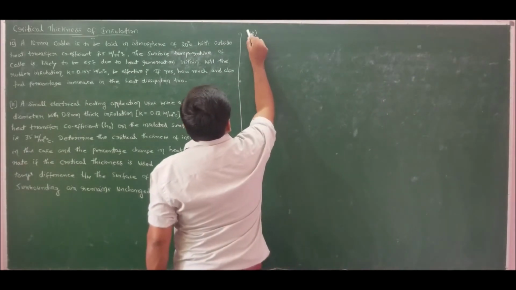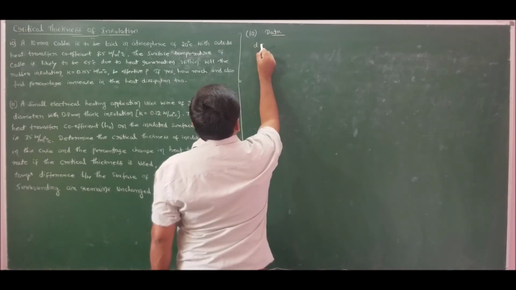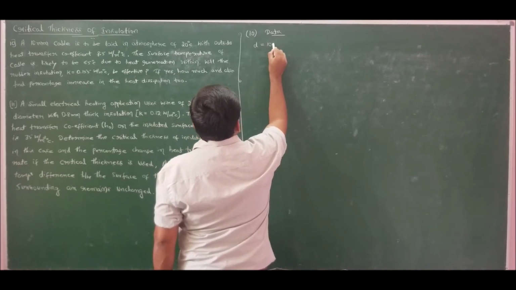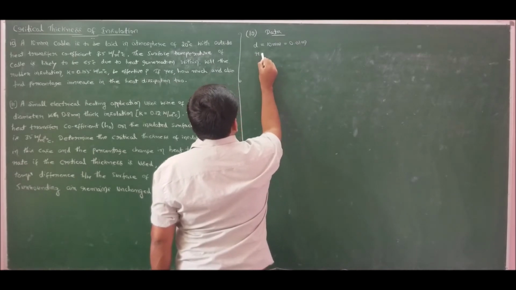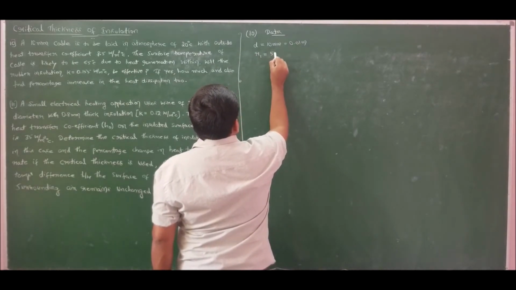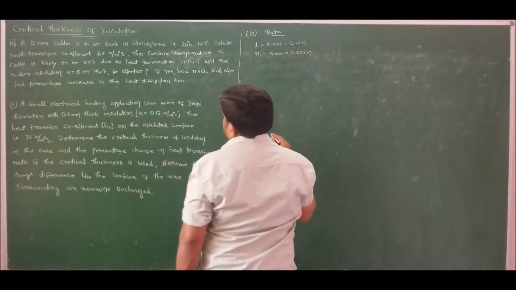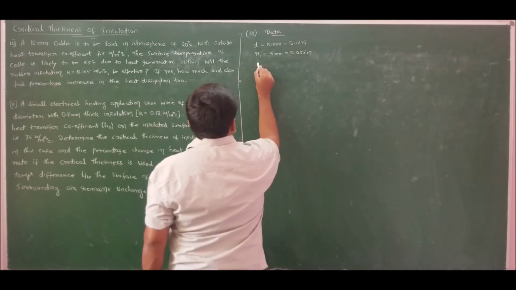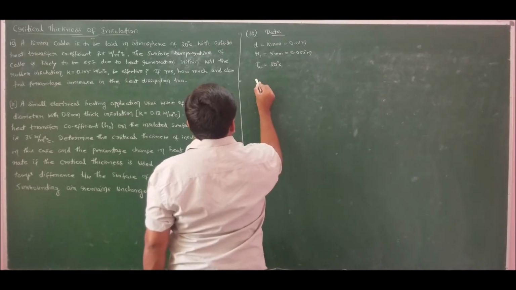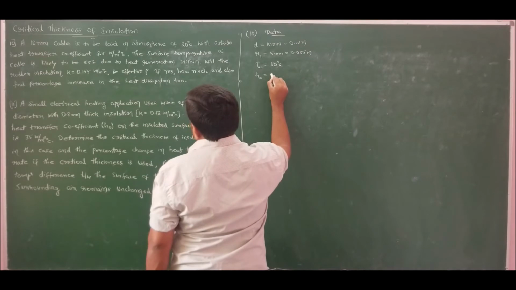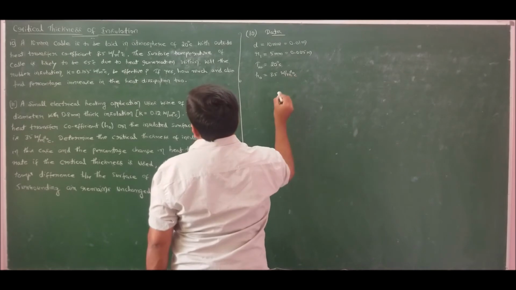If we take up the data given for problem number 10, we have a 10 mm diameter cable. Diameter is 10 mm, which is 0.01 meters. Hence, the radius R1 will become 5 mm, which is 0.005 meters. It is laid in atmosphere, that is T infinity is given as 20 degrees Celsius with a heat transfer coefficient H0 of 8.5 watt per meter square degree Celsius.